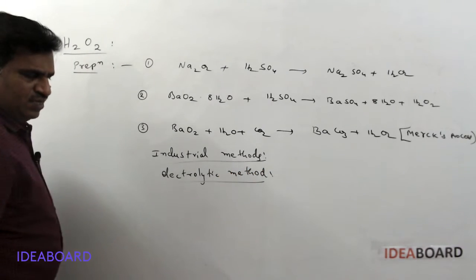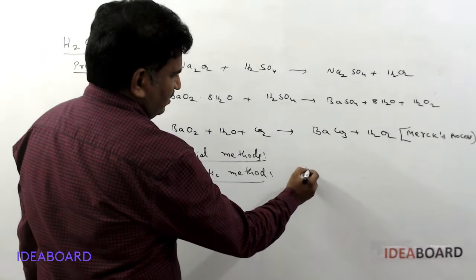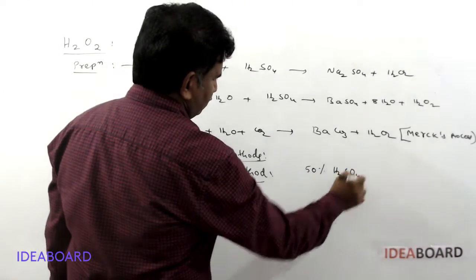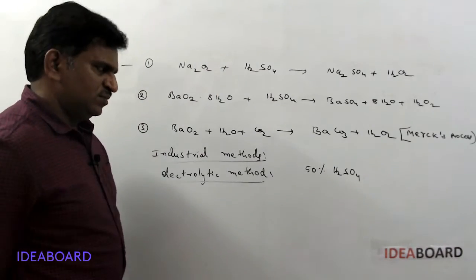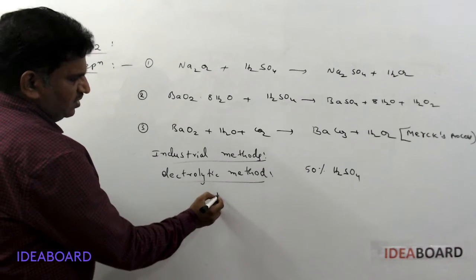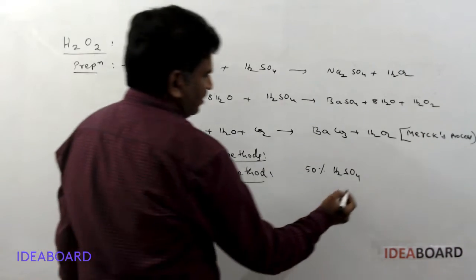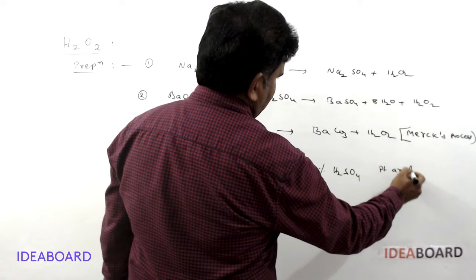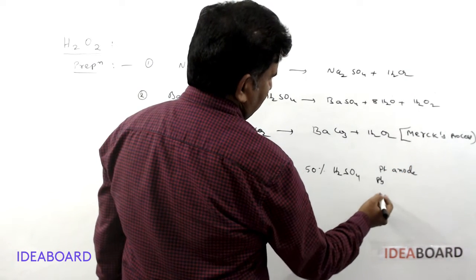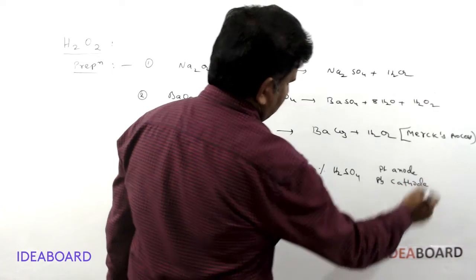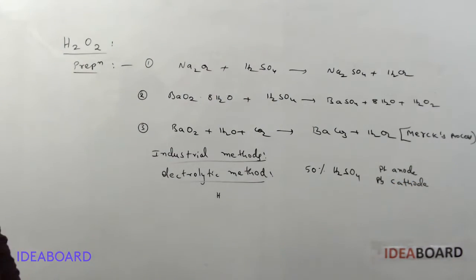In the electrolytic method, we are taking 50% H2SO4 as an electrolyte. The 50% sulfuric acid will act as an electrolyte, and here we are taking a platinum anode and a lead or graphite cathode. Generally lead, or we can use graphite also as cathode.